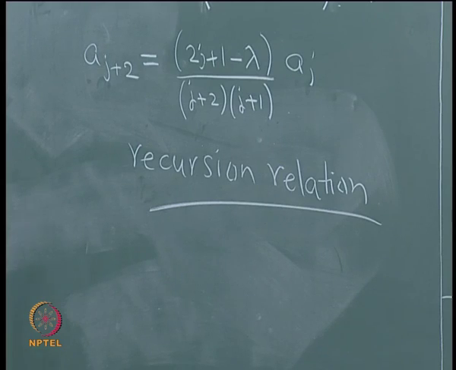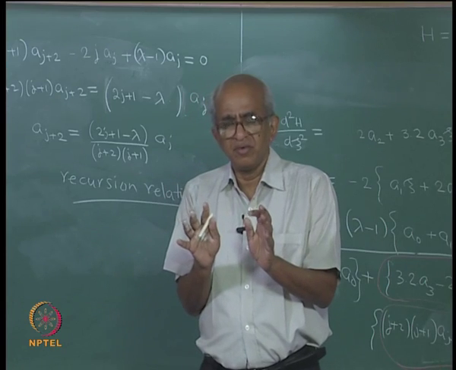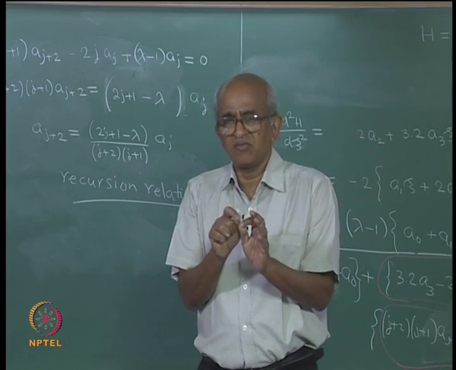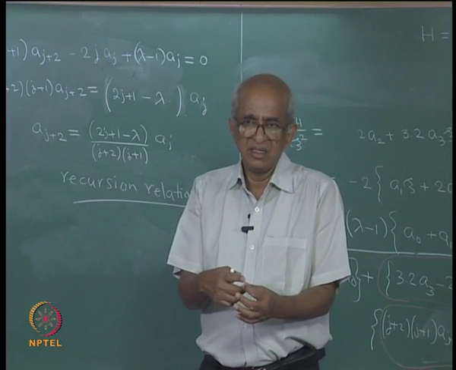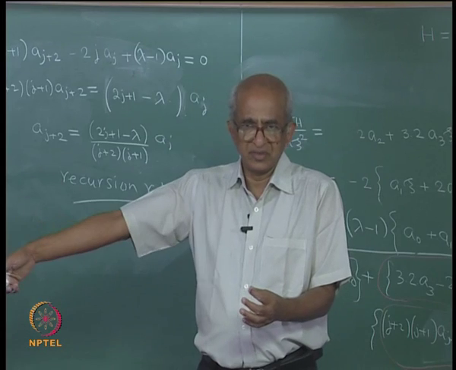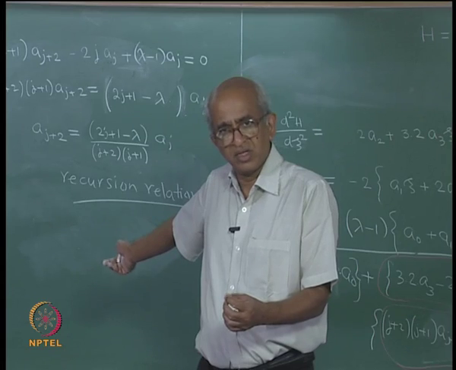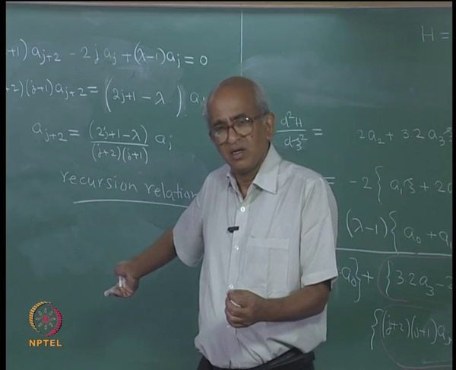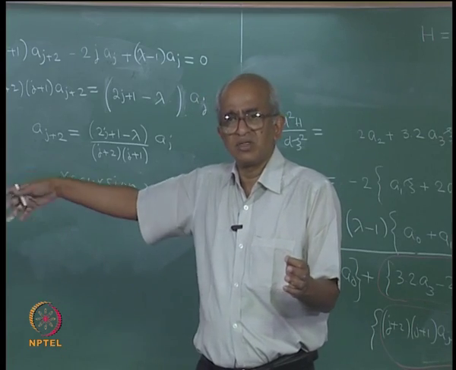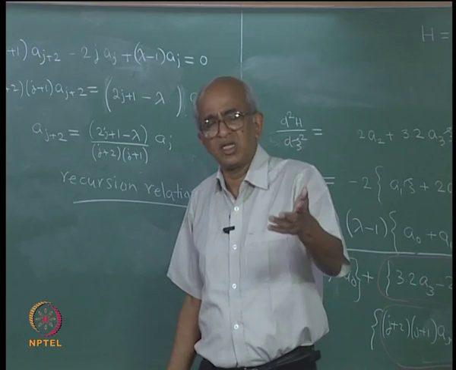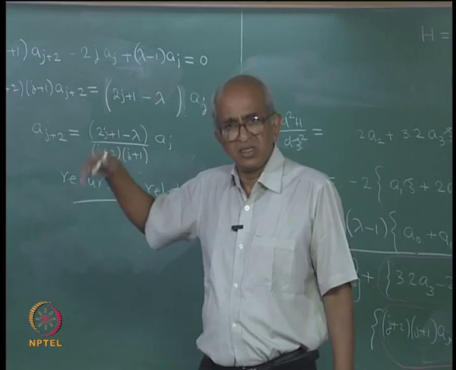So, therefore, what we can do is we can have some value for a0 and some value for a1, that we can choose as we like, but then a2, a4, a6 etc. have to be chosen according to the recursion relation, right. So, you choose any value for a0, you will get the corresponding values of a2, a4 etc. and similarly you choose any value for a1, you will get the corresponding values for a3, a5 etc.